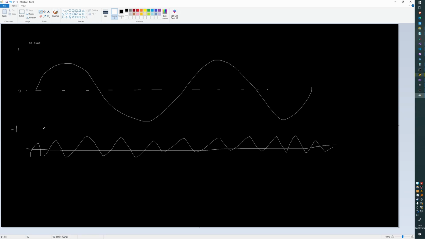If you add those two together, then if you mix those two signals, then you'd end up with something that looks like that.